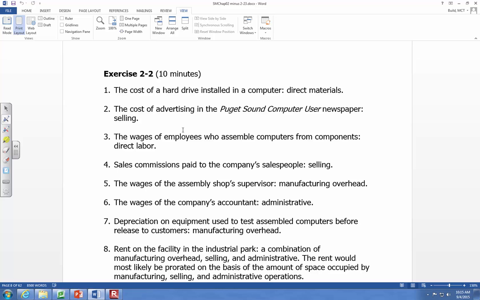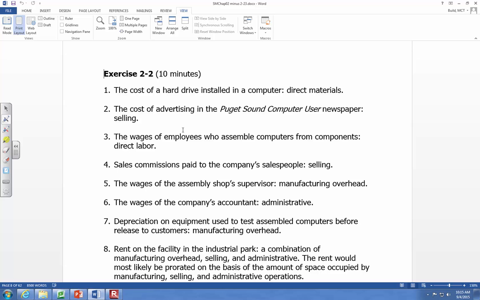I'll give you a chance to get settled, Sherry. Tirsa, we're on 2-2. Number 4, sales commission paid to the company's salespeople. What is manufacturing overhead? How can you define that? I'm sorry, say that again. Okay.